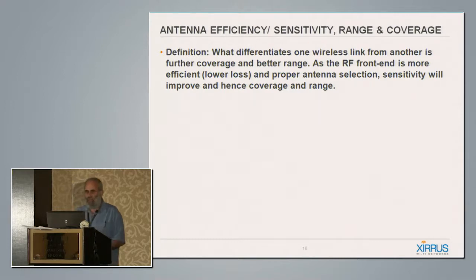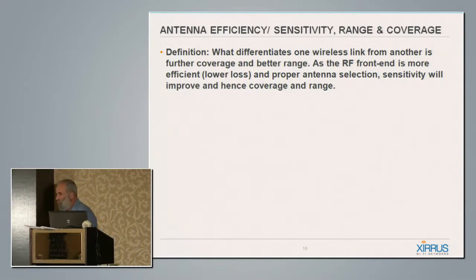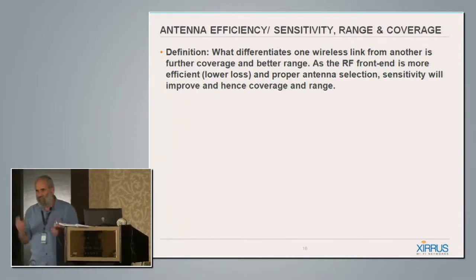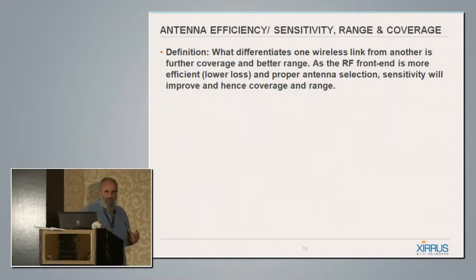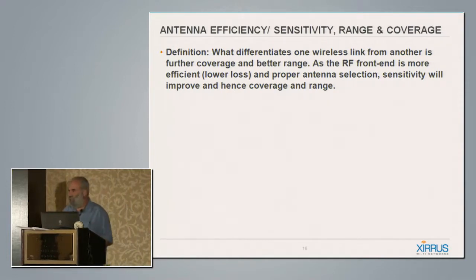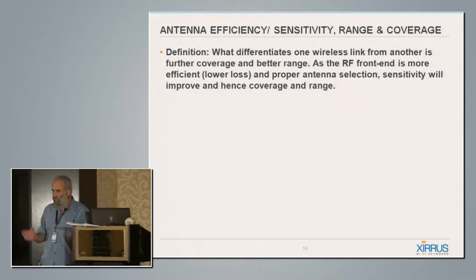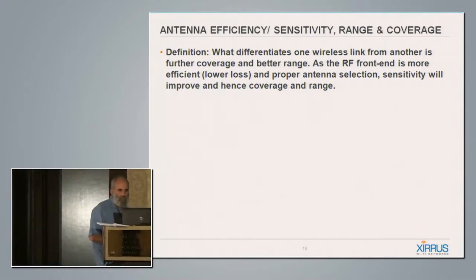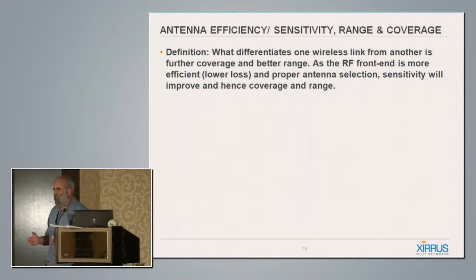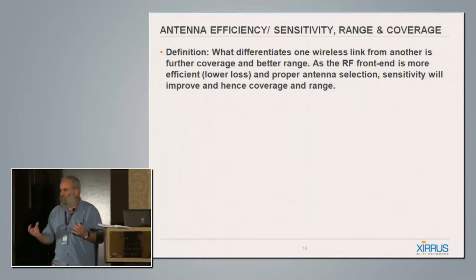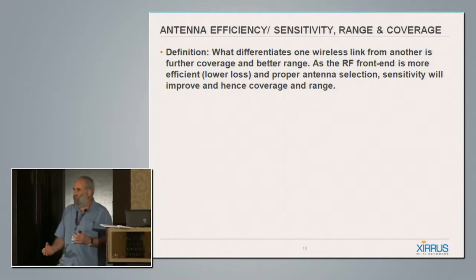When we talk about range and coverage, it's very important, and that's what we try to do at Zeros: maximize the performance of the RF link and minimize losses, so as to control the noise floor as much as possible, at least within the access point, so that sensitivity is at the maximum, because sensitivity always has to do with the signal versus the noise floor.